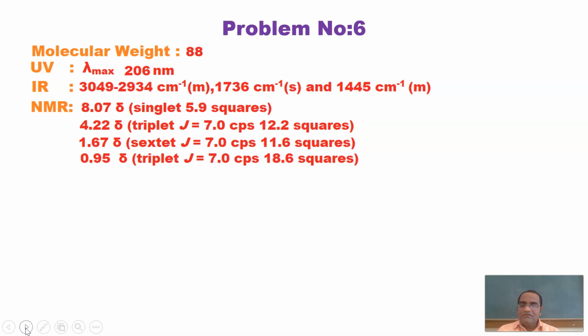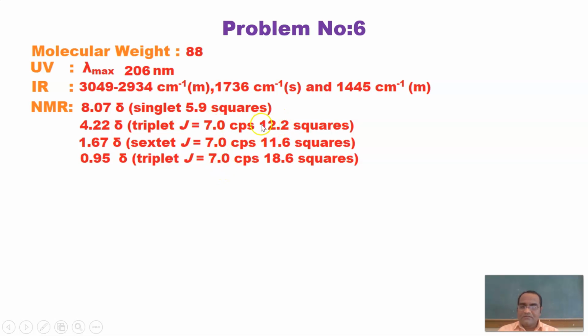The delta values: 8.07 delta value singlet, 5.9 squares, and after that delta value 4.22 triplet. So the J values are similar for all the signals. So it means that all the signals are adjacent to each other.